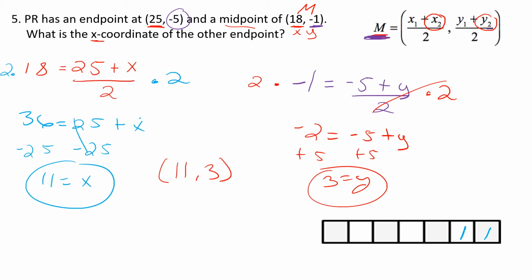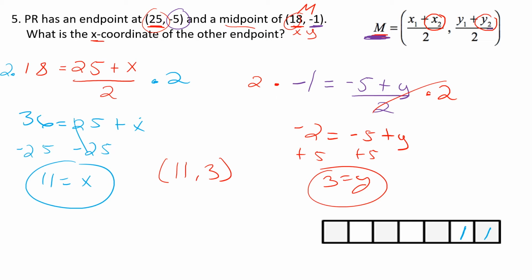And you could actually check your answer. Well, how could you check it? Well, you could plug it back into the midpoint formula. Add your x values of your endpoints, divide by 2, you should get your midpoint. If you add 25 and 11, you get 36. 36 divided by 2 is 18, and it checks out. It gives you the x value of the midpoint. And let's check our y value.